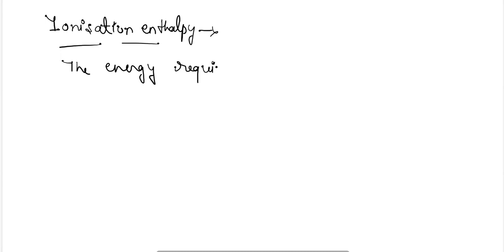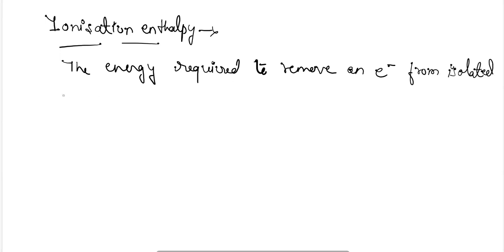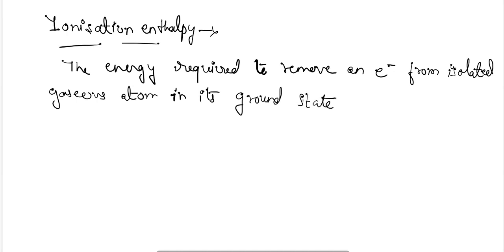The energy required to remove an electron from an isolated gaseous atom in its ground state is called ionization enthalpy or ionization heat.